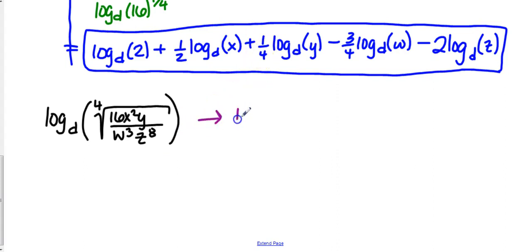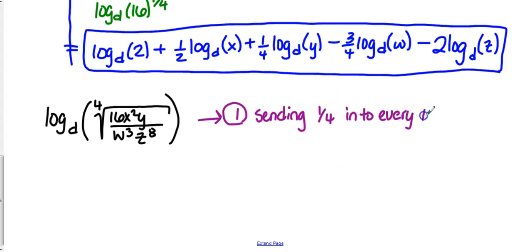Looking for some takers on what option 1 would be, which was sending 1/4 in to every term. And go from there. So it'd be awesome if some people maybe take on that challenge and bring that into the next class. And we should get the exact same answer.